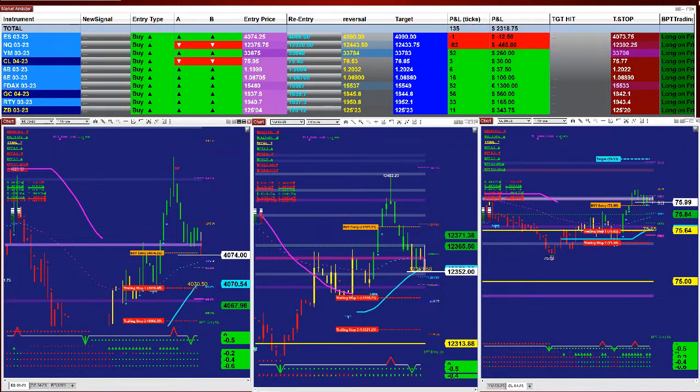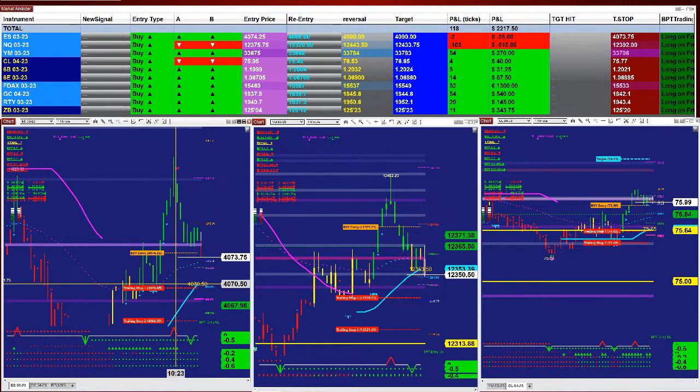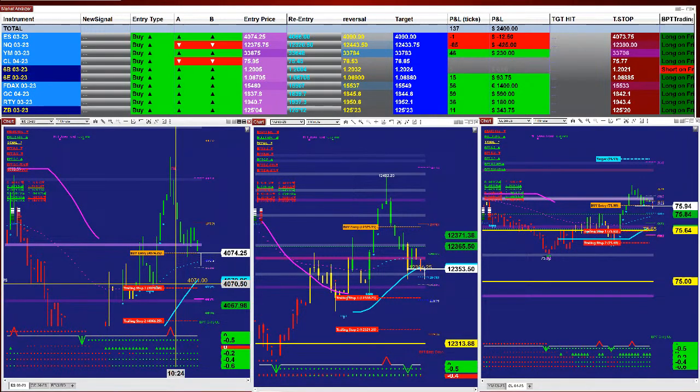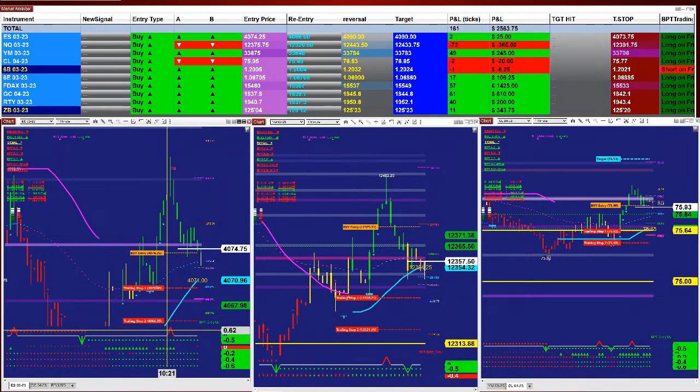There we go. We have a re-entry long at 40.70 on a sim. Right there.